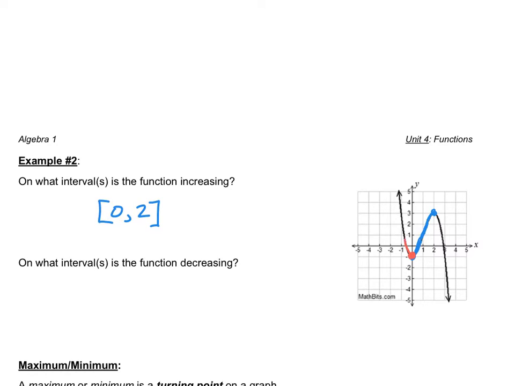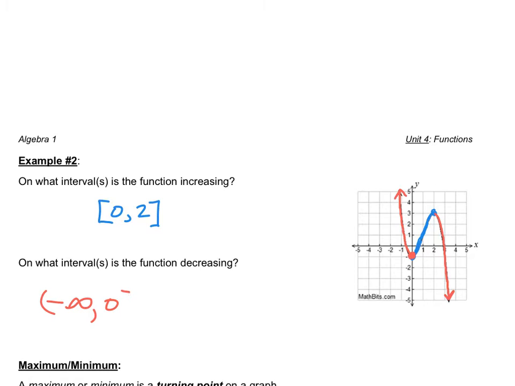Now, where it's decreasing, a little bit of a different story. Two intervals, both involving an arrow. So I'm going to have a negative infinity, because again, we're thinking in terms of x. Negative infinity to what? To 0.